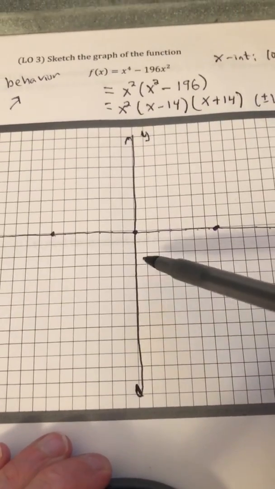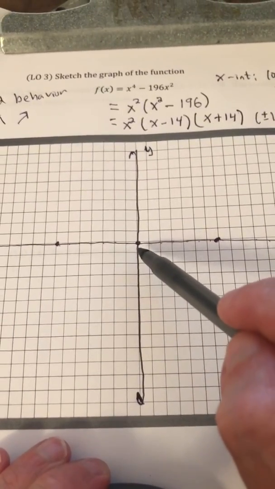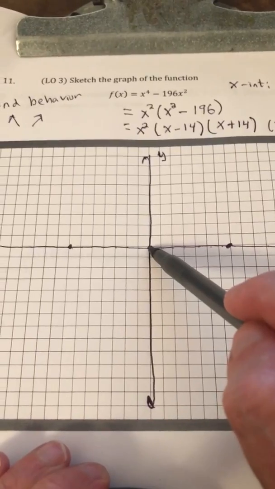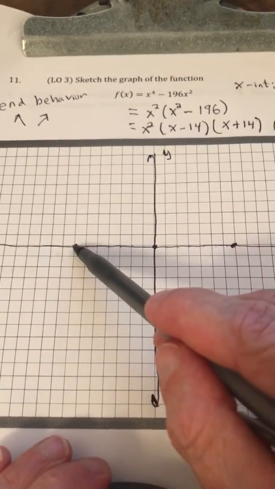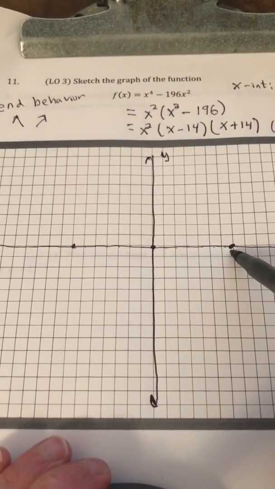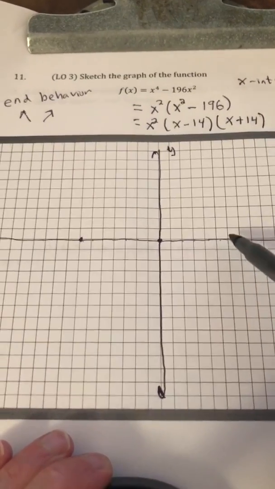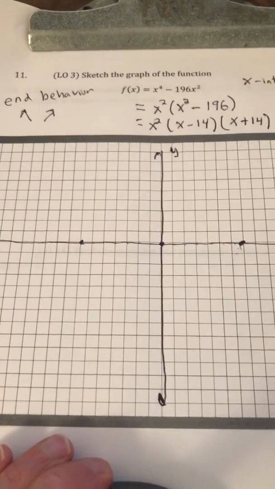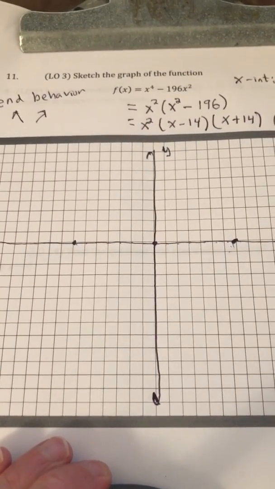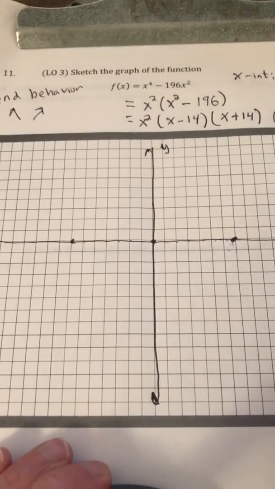Okay, so again we have our 3 x-intercepts. We know that we're going to get a reflection at the origin. The graph has to pass through at both of these x-intercepts, and on top of all of that, we have this end behavior. So we should be able to get a rough sketch right now.